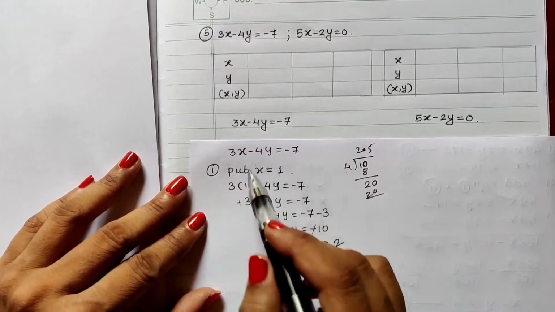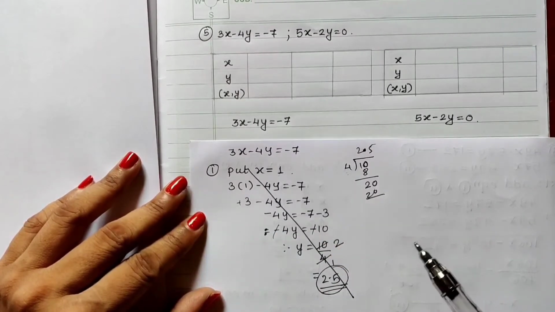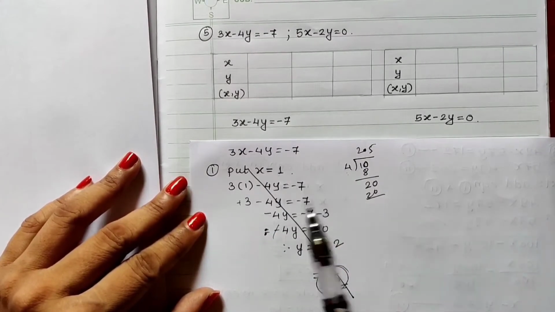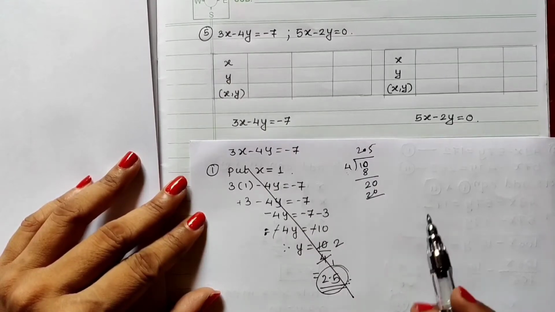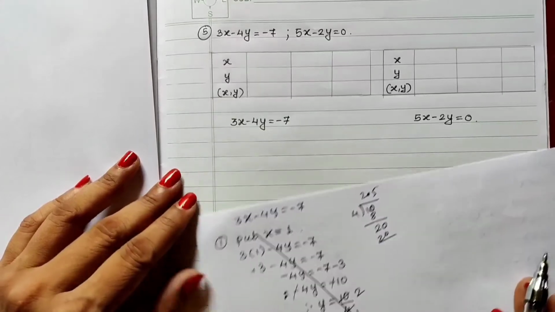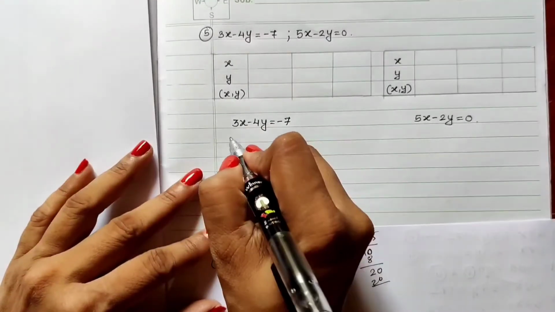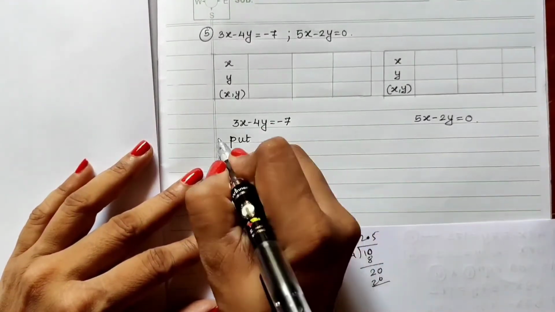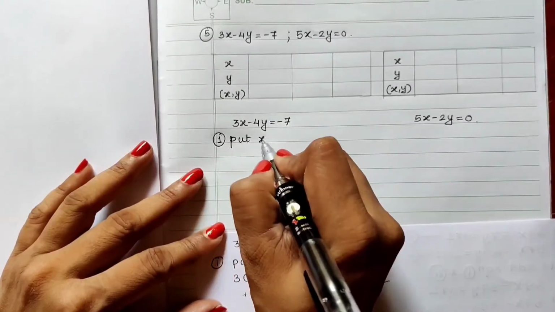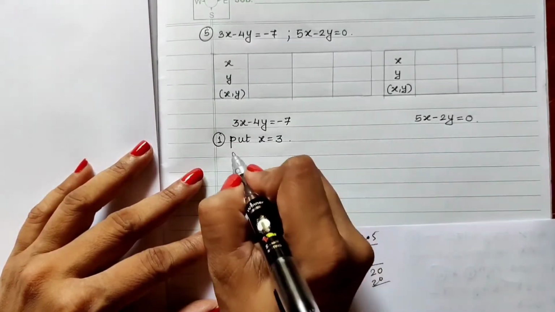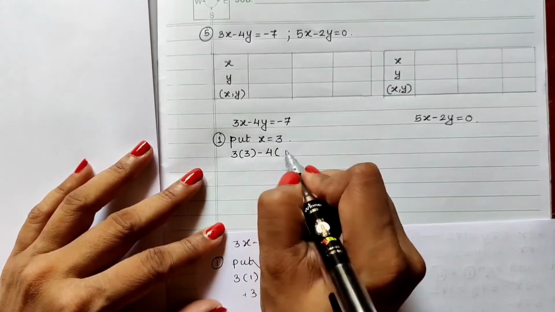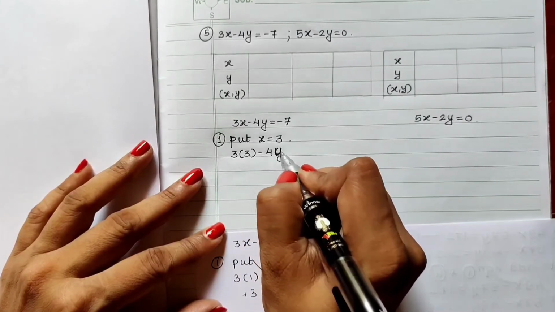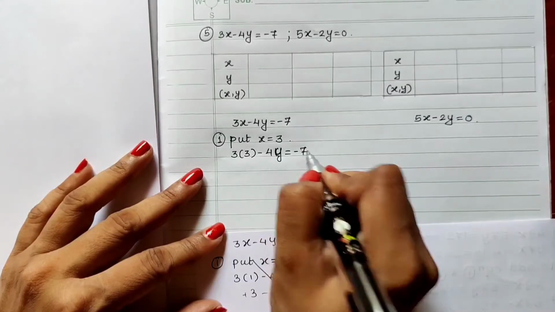So I will not put x is equal to 1. I will put any other value for x so that I can get the value of y as the whole number. So let me check if I take x is equal to 3, what will be my value? Put x is equal to 3. So 3 into 3, in place of x I will be writing 3, minus 4y as it is equal to -7.